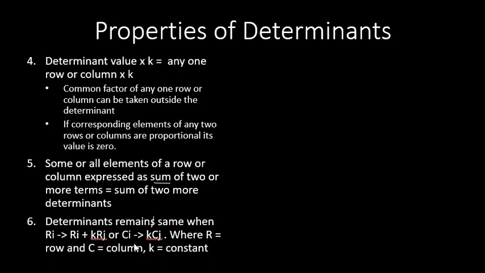You can apply the same to columns also: the ith column can be transformed by adding k times Cj. Here R is row, C is column, and k is a constant. So we can multiply and add with any row, and similarly with any columns also.